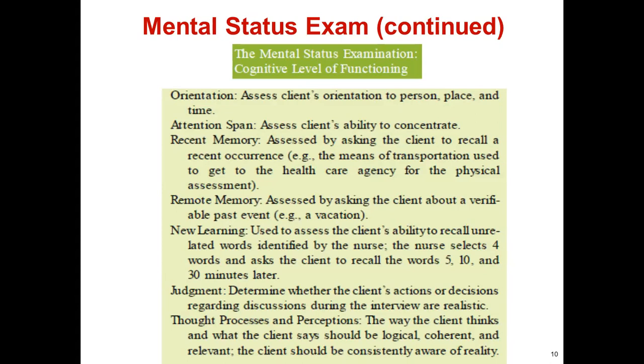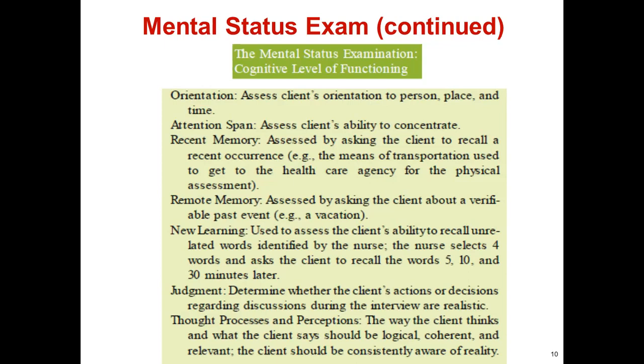Remote memory is assessed by asking the client to verify past events. You ask them, can you tell me when you were born? Or can you tell me the name of the city where you started school?